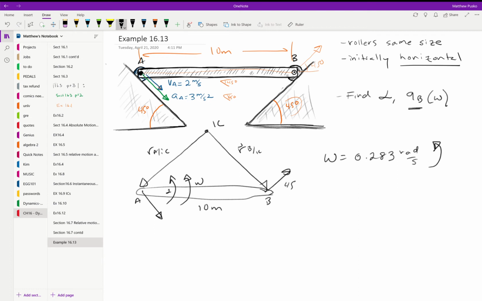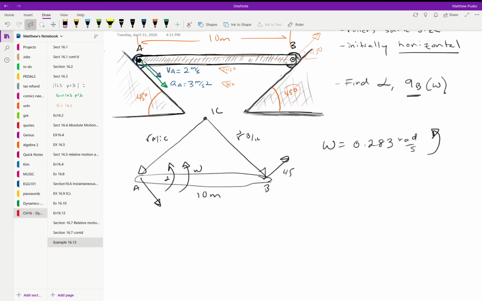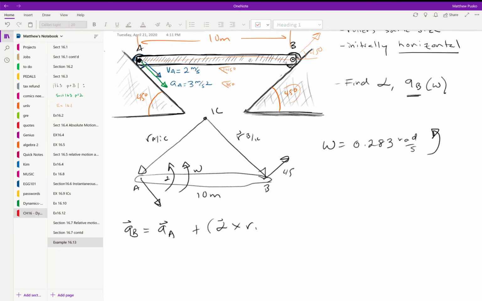Okay, now we can use the acceleration equation, where the acceleration of B is equal to the acceleration of point A, plus alpha crossed into R of B with respect to A, minus omega squared, that's the scalar, because all the components cross out except for the one that points back towards A from B. So this is still a vector.